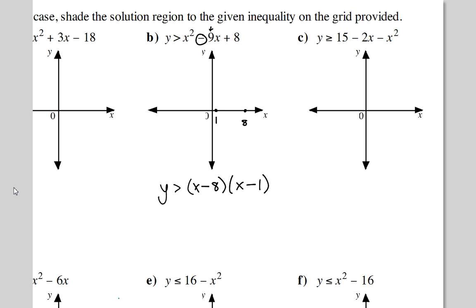Now, does this parabola open up or open down? Up, because the a value is positive. So the vertex is down here somewhere. Do I know where? I just know that it's halfway between 1 and 8. So what's 1 plus 8 divided by 2?